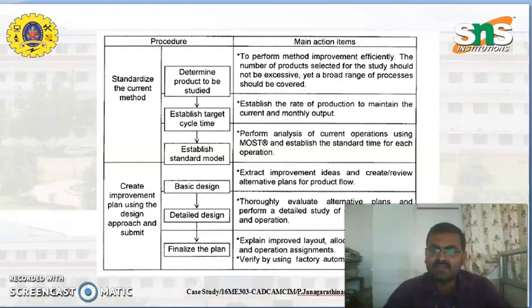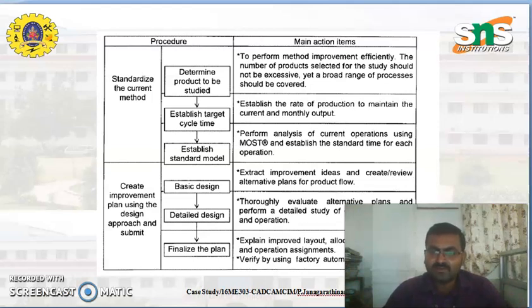First, perform the method improvement efficiency. Second, establish the rate of production to maintain the current and monthly outputs. Third, perform analysis of current operations using MOST and establish the standard time for each operation. Next, extract the improvement ideas and create new alternatives for how to incorporate the automation system into the MNCs.